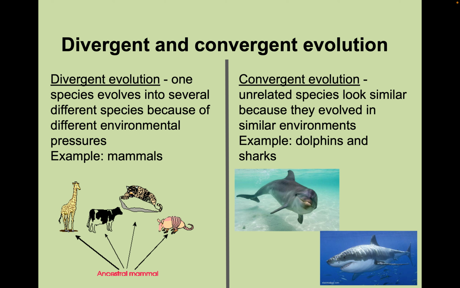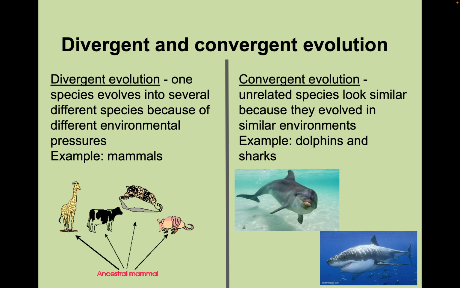You had an ancestral mammal, which was the first group of things that had fur and fed their babies with milk and did live birth and things like that. That one group changed into all the different mammals we see today. So now we have mammals that walk, we have mammals that can run, we have mammals that can fly and that can swim. That one group changed into many. It's divergent.